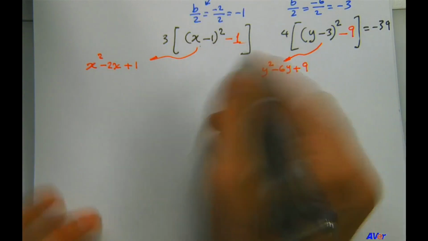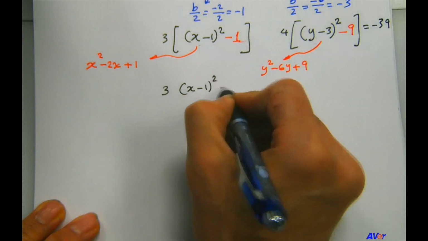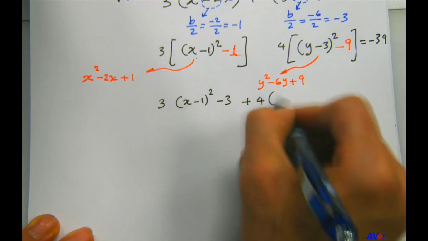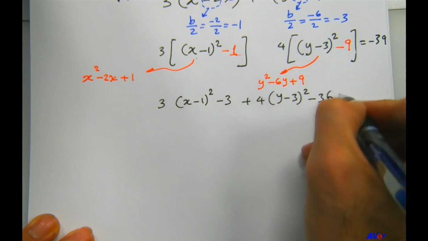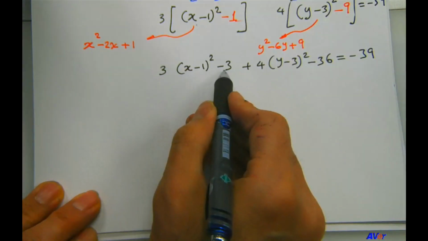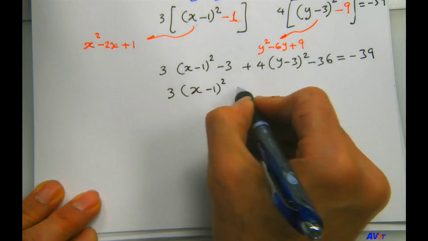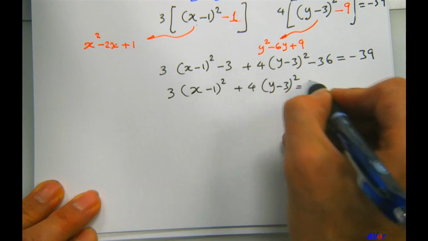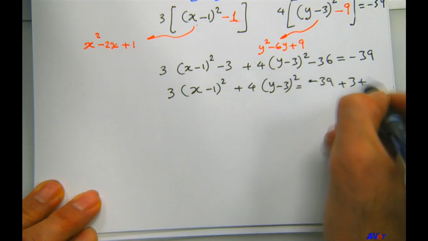So we end up with 3 times (x minus 1) squared minus 3, distribute that, plus 4 times (y minus 3) squared. 4 times minus 9 is minus 36, equals minus 39. And now we can move the constants to the other side, where we have negative 39 plus 3 plus 36.